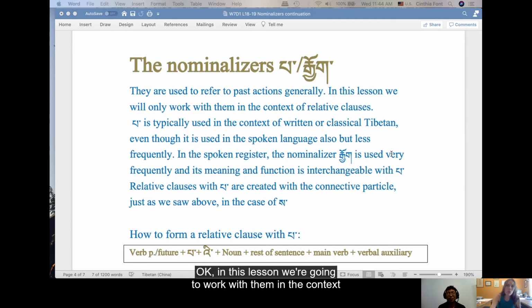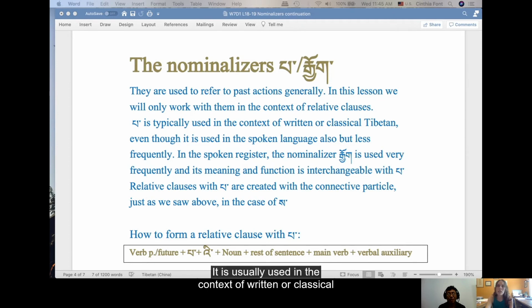In this lesson, we're going to work with them in the context of relative clauses mainly. Pa does a lot of important things in classical Tibetan, and it's a very important particle in the grammar usually, and we could study it in depth for a long time. So again, here it is just a preview of what we can do with it.